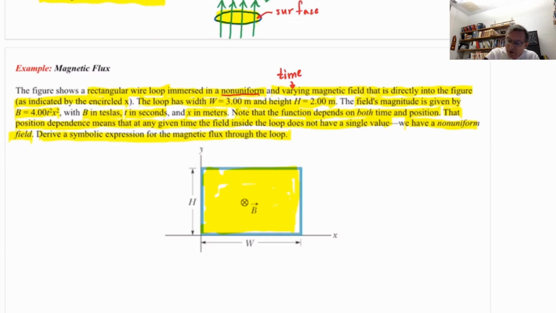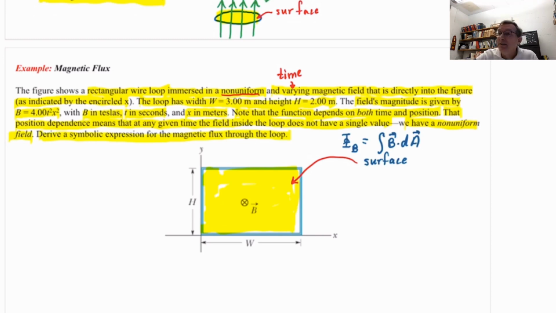So I really have to just start with, to get the total magnetic flux through that surface, the integral of B dot dA through that surface. And that means I have to imagine breaking up the surface into little area elements, dA.